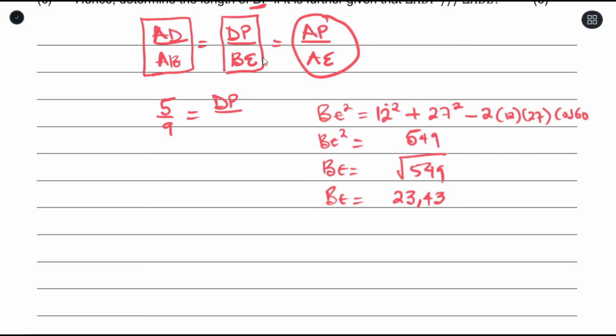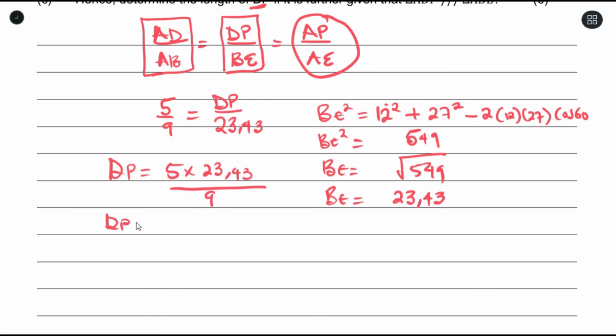Okay, so we actually now have BE here. So this should be written as 23,43. Now to get our value for DP, cross multiplication, this will give you DP is equals to 5 times 23,43 over 9.